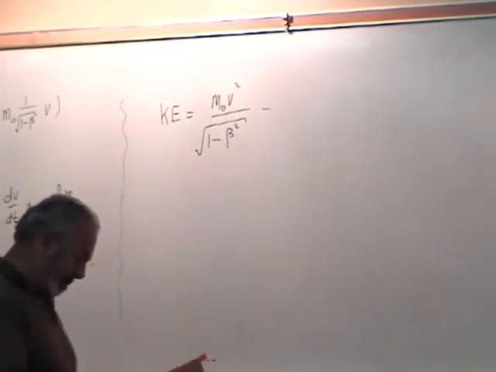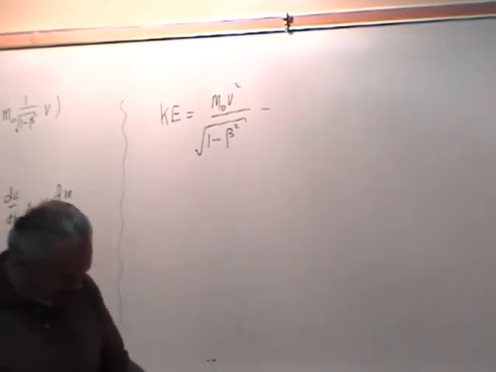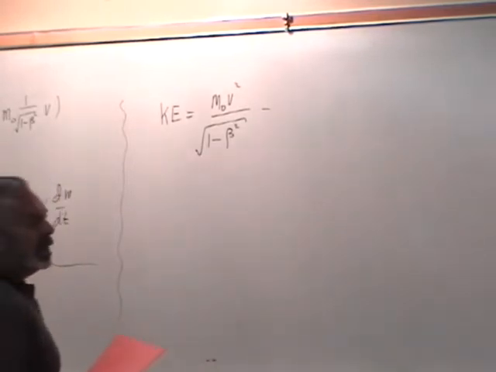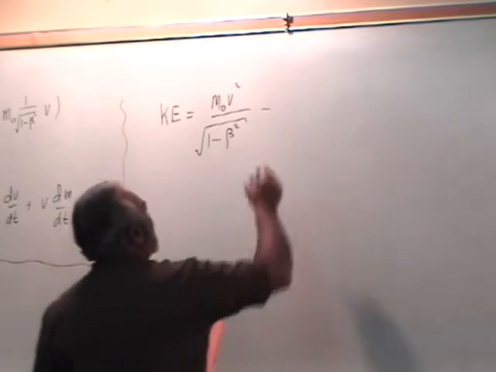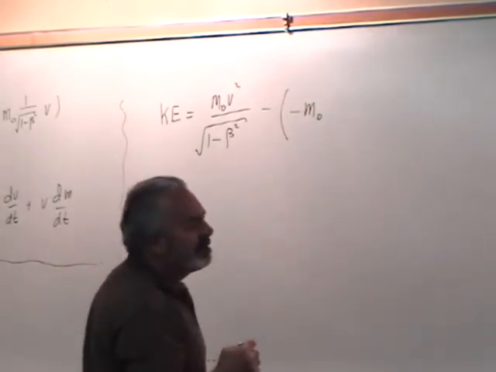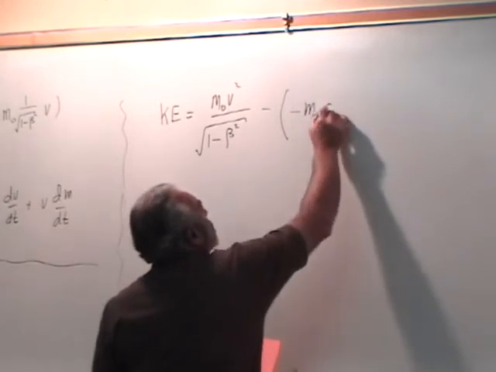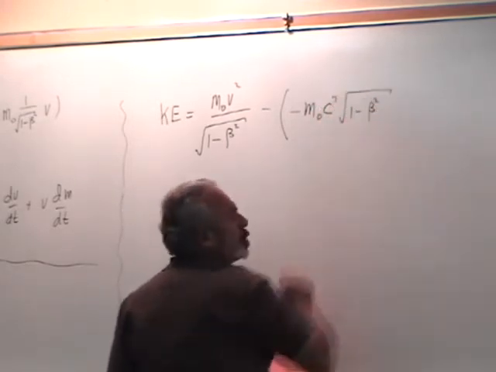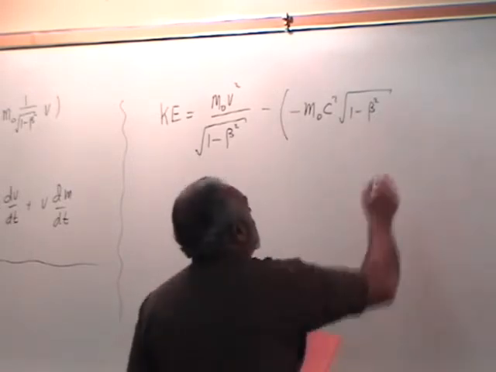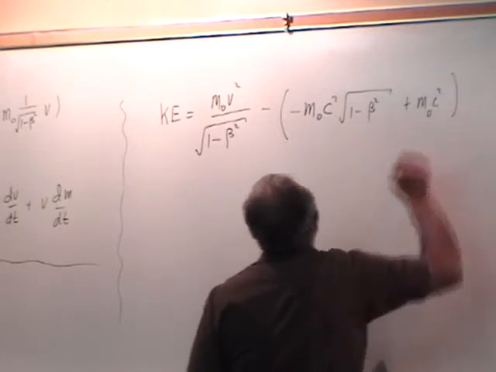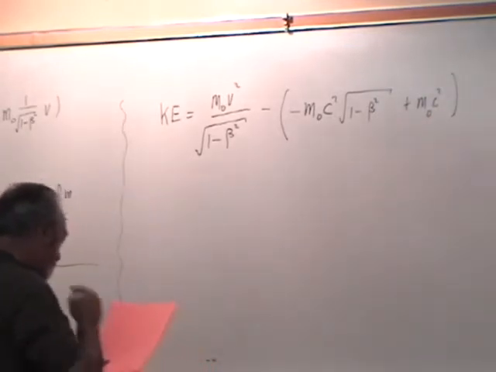In-class problem, so we just demonstrated that the kinetic energy is equal to minus m naught c squared times the root of 1 minus beta squared, plus m naught c squared, like that.